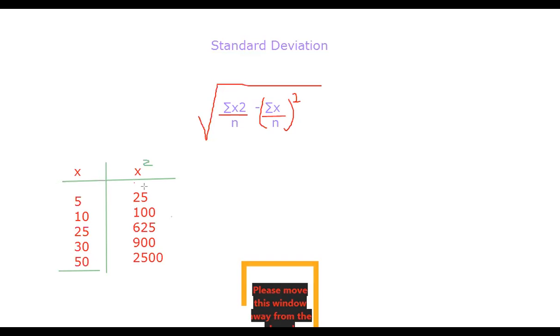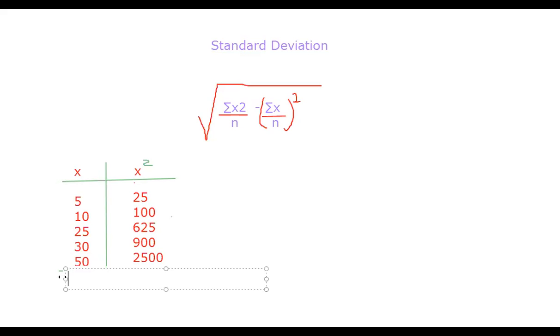Anyone? 120. There is 5 plus 10 plus 25 plus 30 plus 50, so sigma x equals 120.